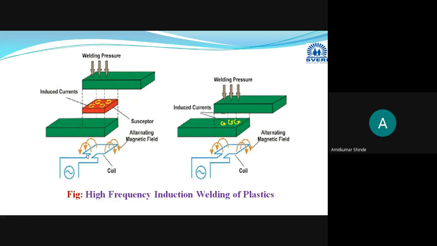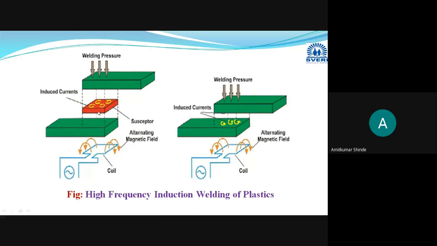Due to that current, an alternating magnetic field will be generated in a direction perpendicular to the current. When this magnetic field comes in contact with this metal component, known as the susceptor or insert, it will get heated due to the generation of eddy currents.